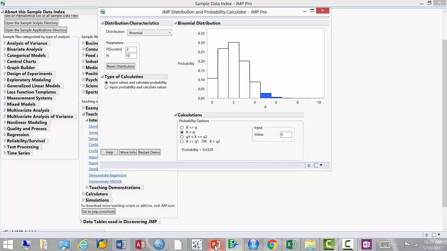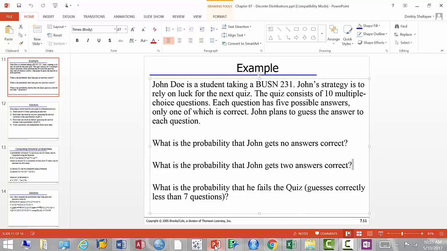Let's continue, because this whole story has a point. There is a moral value in all that, and here comes the punchline. What is the likelihood that John fails the quiz? Failing the quiz means less than 70% on the quiz: 6 questions correct, or 5, or 4, or 0.